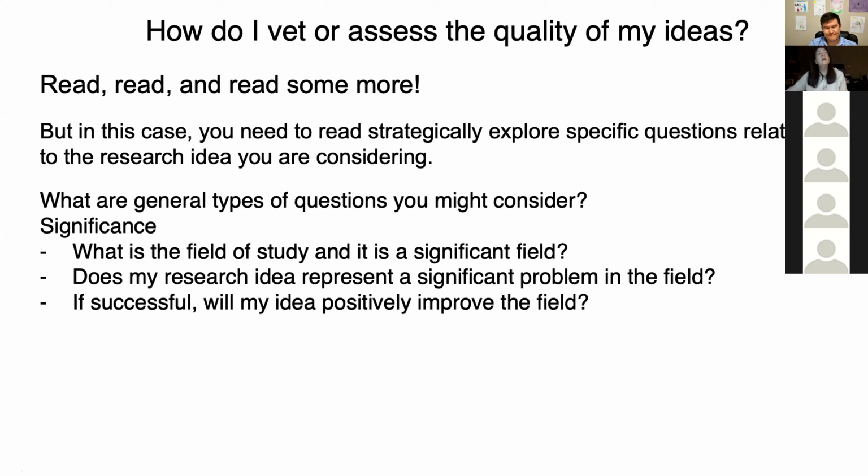But instead of the reading we've been doing up to this point, and for homework 1 and 2, reading lots of different papers, maybe in the same area, but confronting different challenges in that field, getting lots of different ideas from different areas, in the case of assessing the quality of one idea, you want to focus and read strategically to explore specific questions related to that research idea.